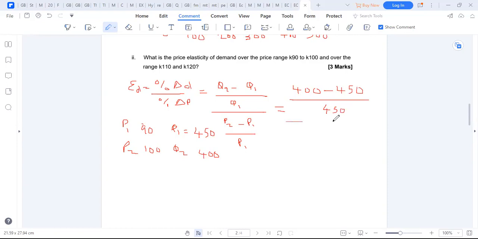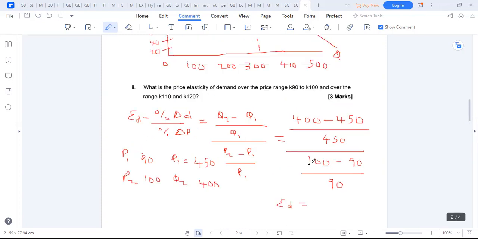Then P2 is 100 minus 90 over 90. So let's calculate. What are you getting as elasticity of demand?